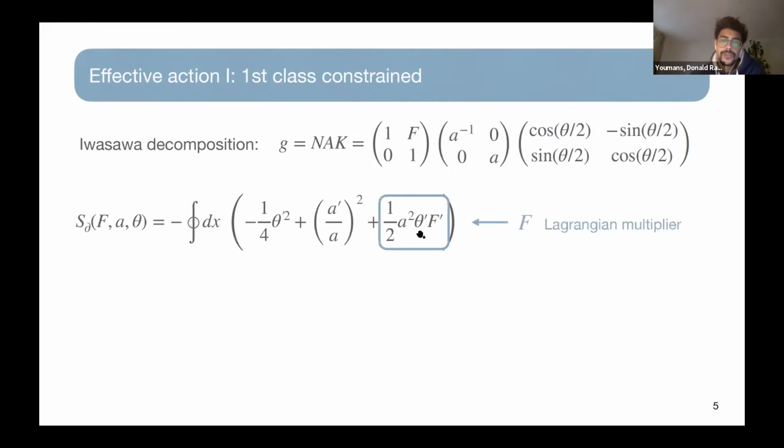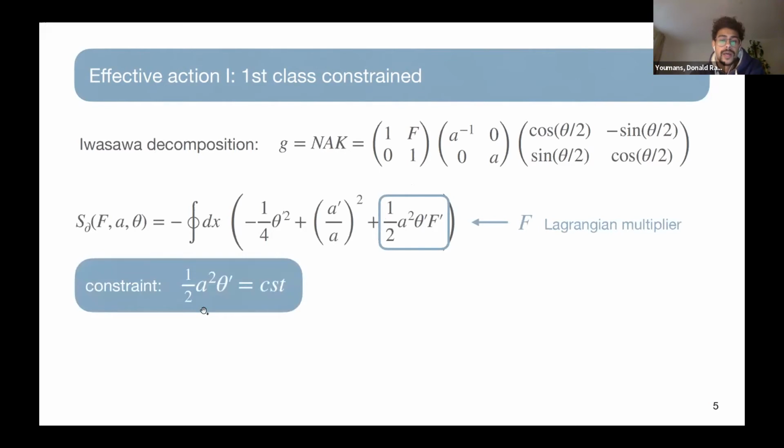But more important is this last term here. If we do an integration by parts, we see that F itself is non-dynamical and plays the role of a Lagrangian multiplier, enforcing the constraint that this particular combination in front, 1/2 A squared theta dash, is a constant.